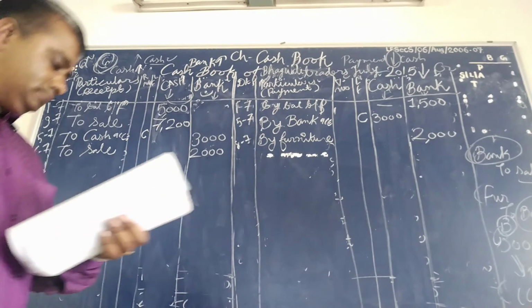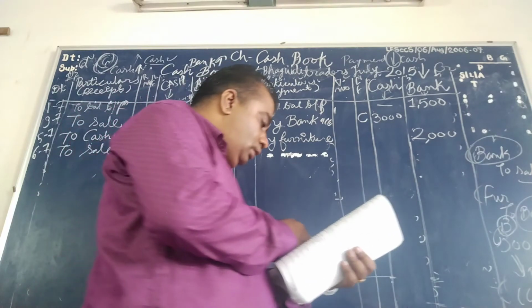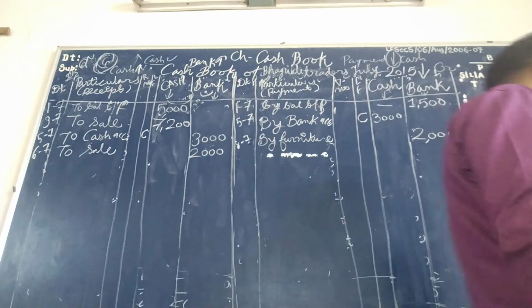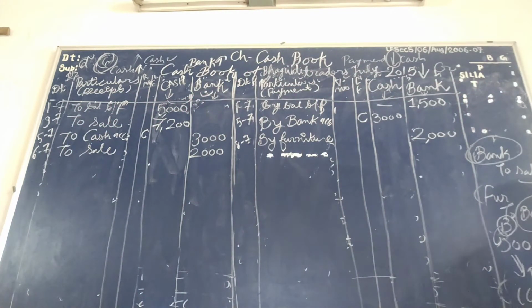Now next one. 13th of July, goods of 6,000 sold to Harshit. Harshit has paid half of the amount by cash and the remaining amount is paid by check, which is immediately deposited in the bank.